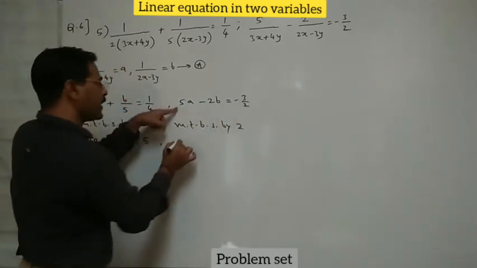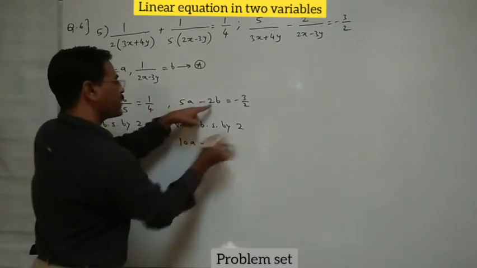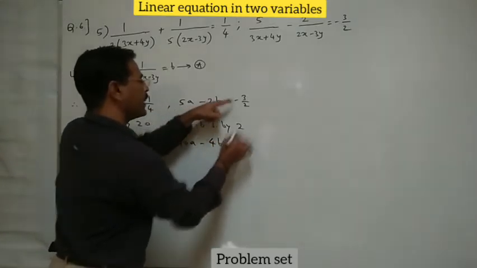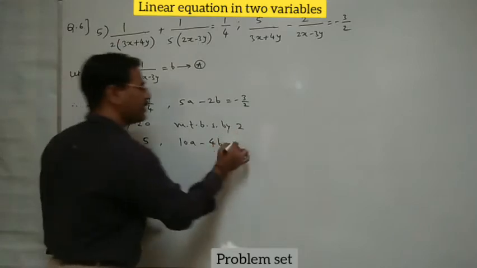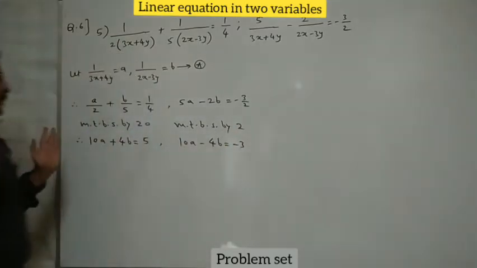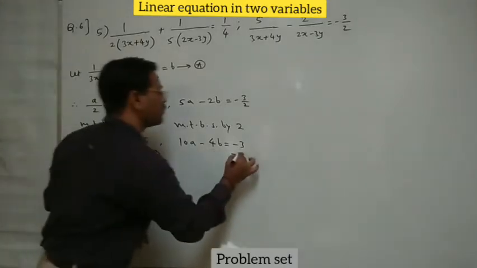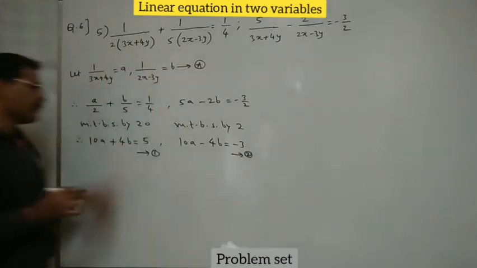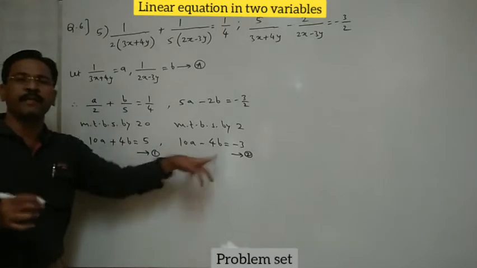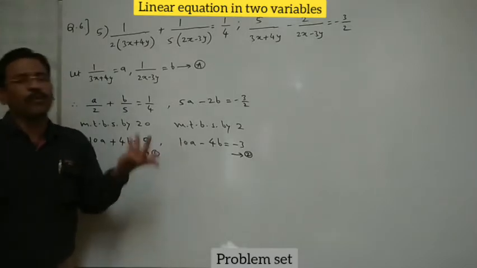So tell me what we get here. This is 10a minus 4b. And this, by multiplying by 2, getting cancelled, minus 3. Now look here, just simple. This is equation number 1. This is equation number 2. Tell me what we get. By adding, 4b and 4b have different signs. That 4b term is getting cancelled.